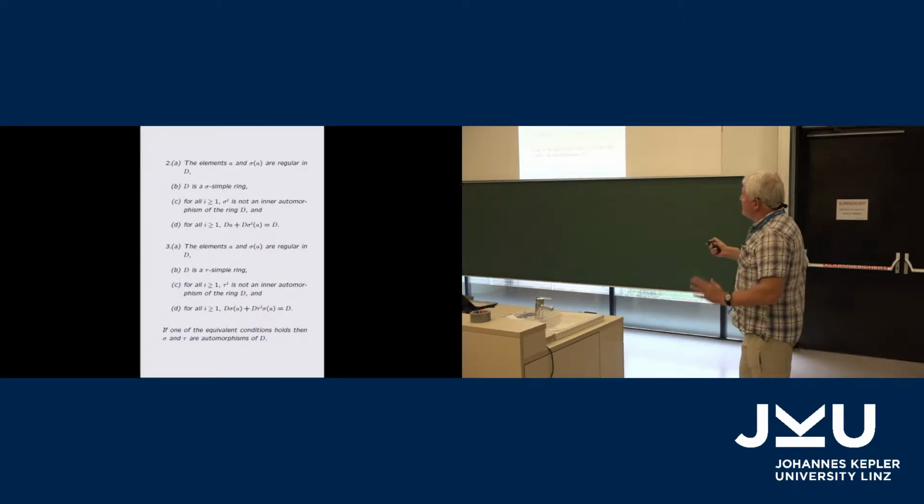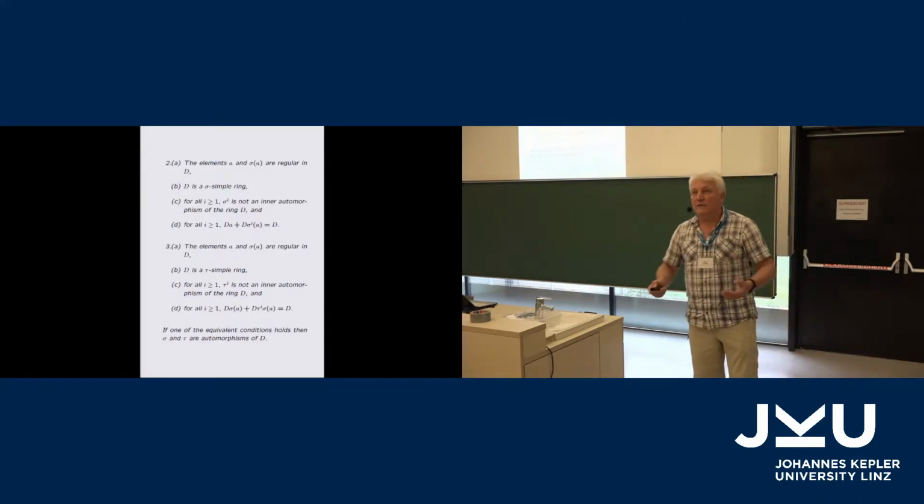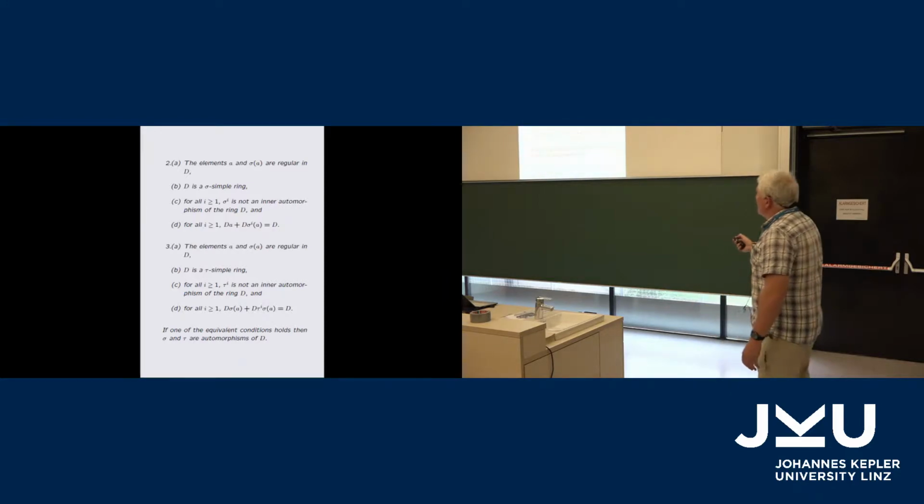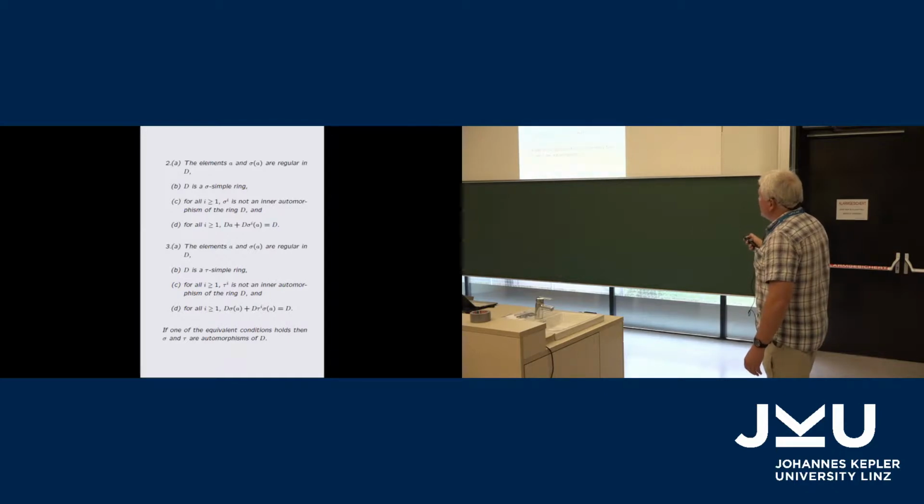Regular means non-zero divisor in D. So if you choose a non-regular element, this ring is not simple straight away. And this ring D is sigma simple. And sigma^i is not an inner automorphism for all i. And the left ideal generated by a and sigma^i(a) is D. So when you see here, there is no tau.